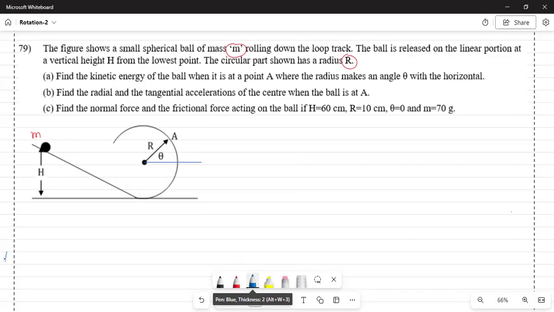Of course, there is no doubt that the kinetic energy of the ball at A will be the difference of potential energy between the starting point and the final point. There is absolutely no doubt in that, right?